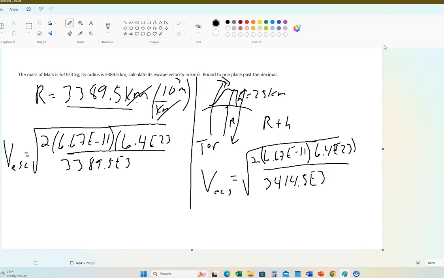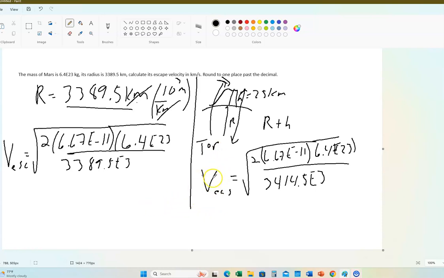All right. So what we're going to find is it's going to be a little bit less from the top of Mount Olympus. You've already lifted it 25 kilometers above the surface, so you don't have to spend as much energy, which translates to the escape velocity.